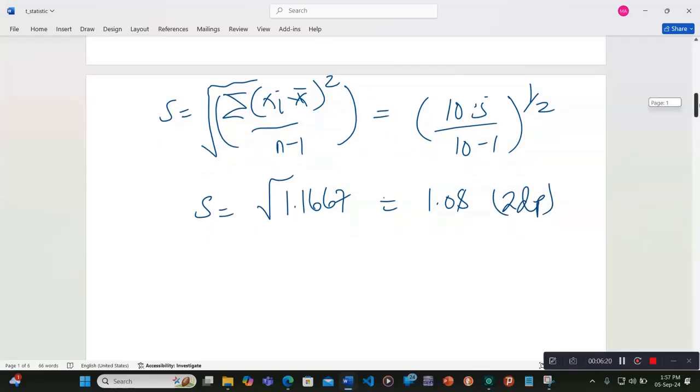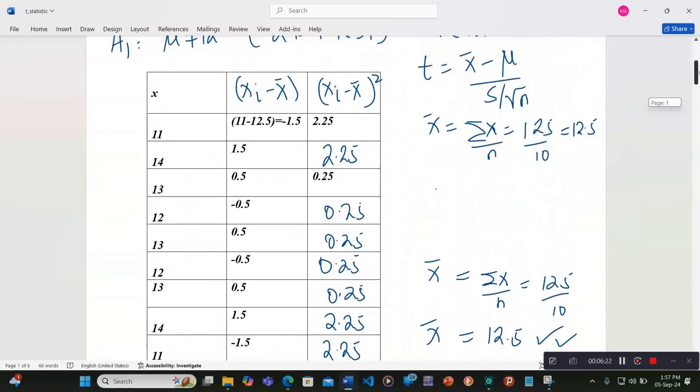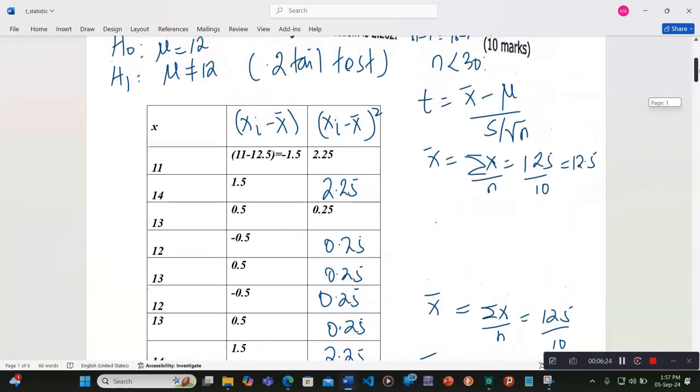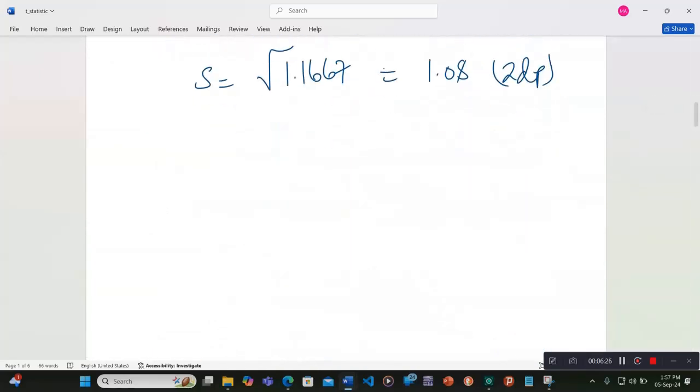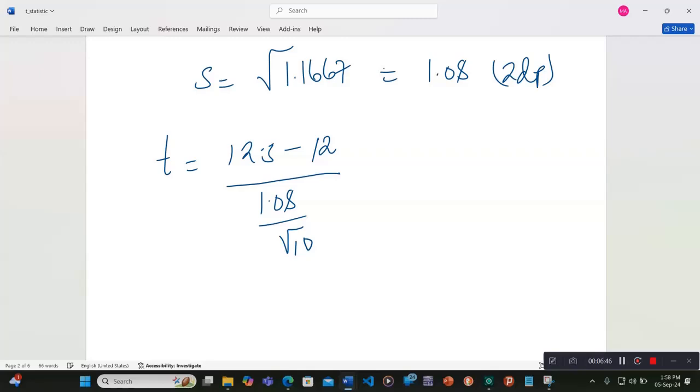So what next? We have to calculate our t value. So let's look for the t value. T will therefore equal 12.5 minus the hypothesized population mean, which is 12, divided by the sample standard deviation, 1.08, divided by the square root of 10.